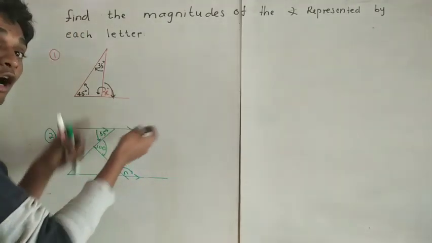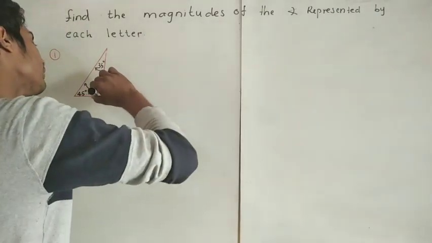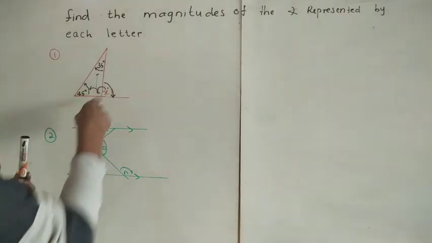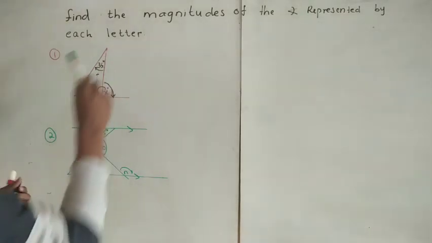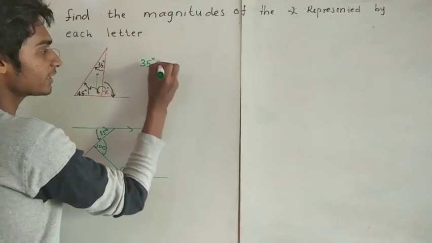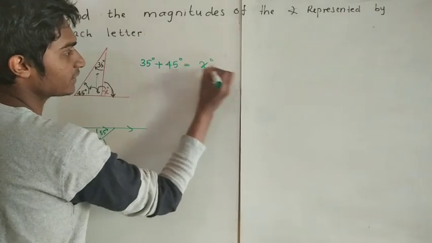So what are the interior opposite angles? These are the interior angles. We don't need the interior angle, but we need what? The exterior angle. So X should be equal to the sum of interior opposite angles. So simply 35 degrees plus 45 degrees must make X degrees. What is the reason?